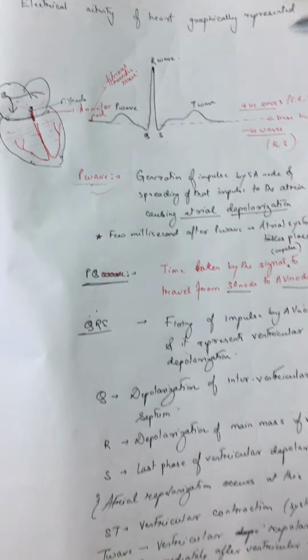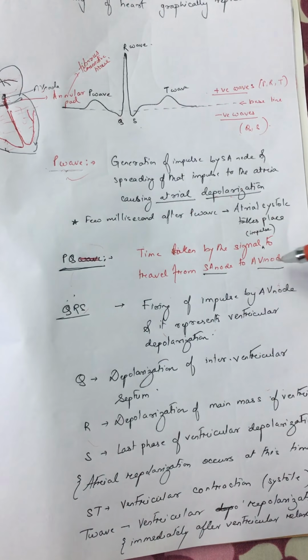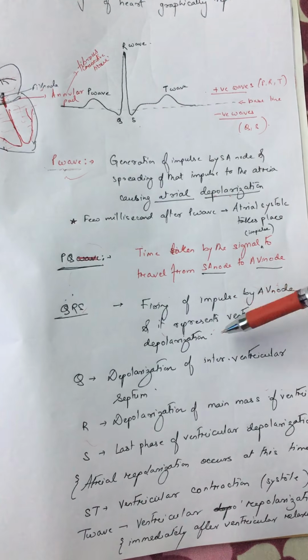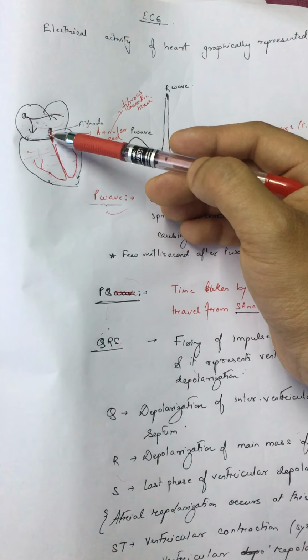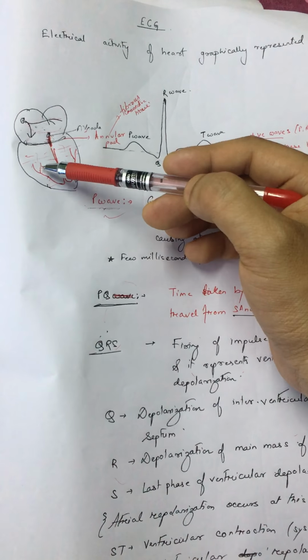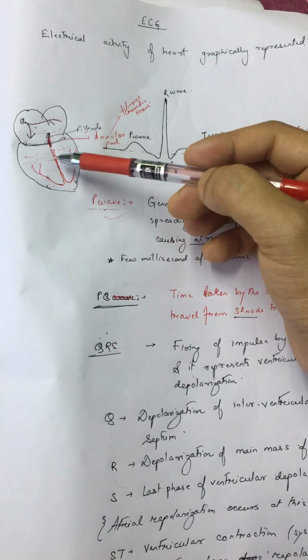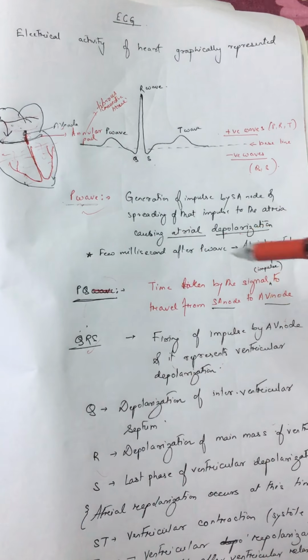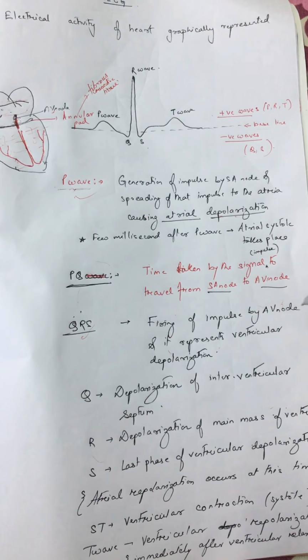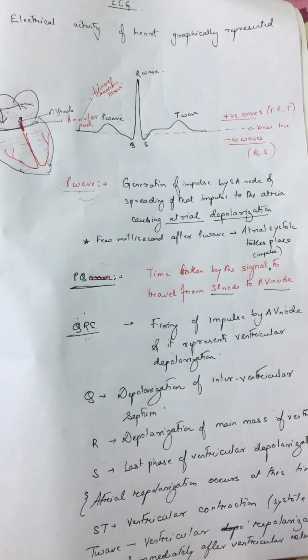It represents the firing of the impulse by the AV node and ventricular depolarization. After the AV node receives the impulse, it is transmitted to the whole ventricles, and because of that the ventricles undergo depolarization.